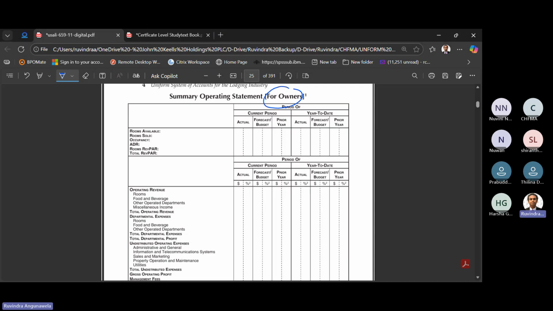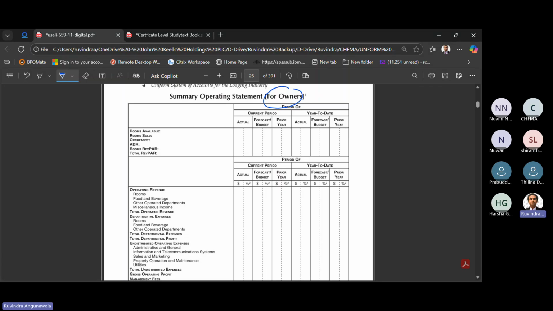Some hotels operate where the owners give the license or the management to another company. So the operation is done by a different company. The owners of the company are different. So for such scenarios only, these two statements are available, owners and operators. But I'm not going to complicate your life too much at this particular level.